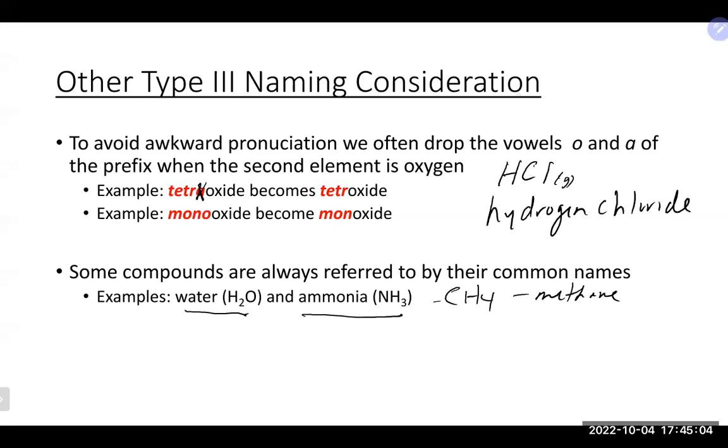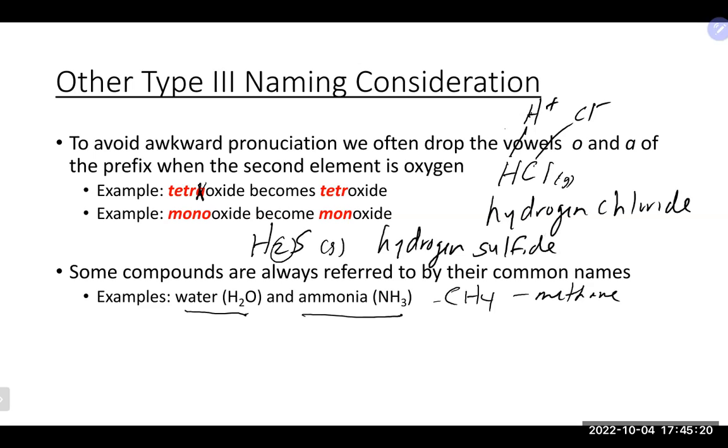And it is thought of almost as ions, H plus and Cl minus, even though they're both really nonmetals. Same thing here. If we had H2S, this would be hydrogen sulfide. Again, even though there's two of them, it won't affect the name.